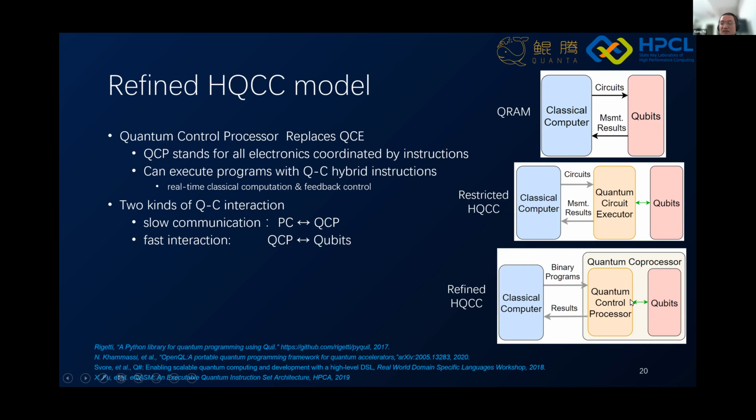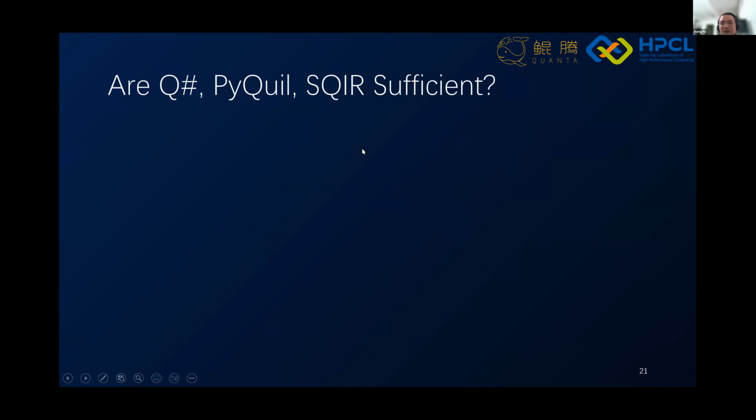Because the QCP can retrieve qubit results at a hundreds-of-nanoseconds time scale, it is possible for the QCP to control the following operations. Some QPL programming language examples include OpenQASM, Q#, and SQIR, and also eQASM plus OpenQL. The question is whether Q#, OpenQASM, and SQIR are sufficient or not.